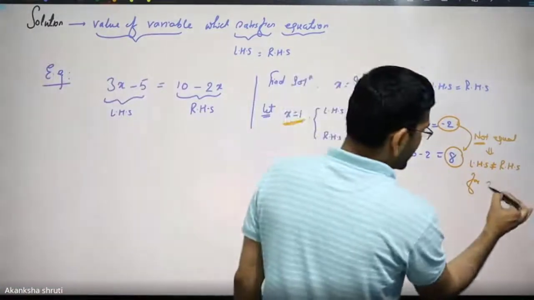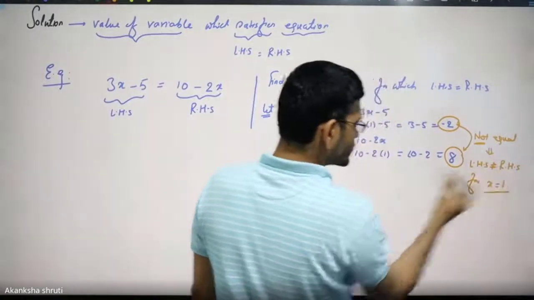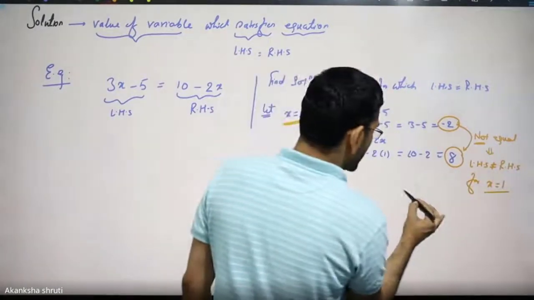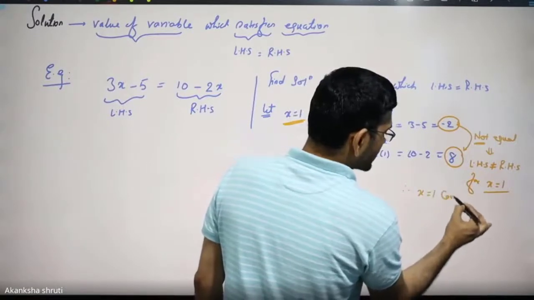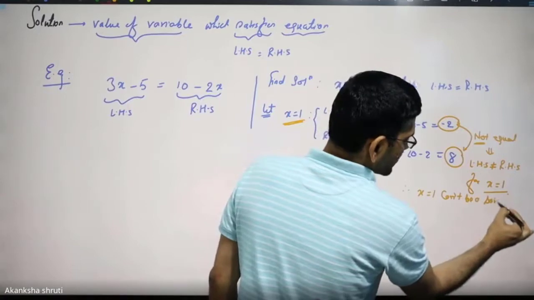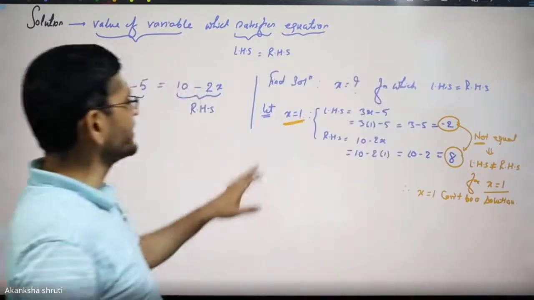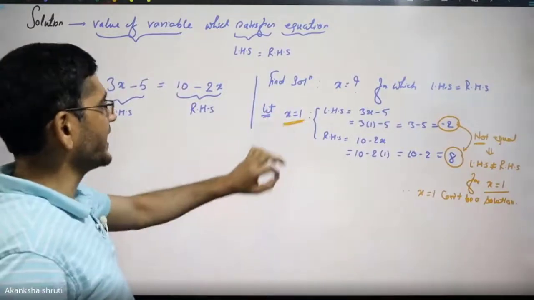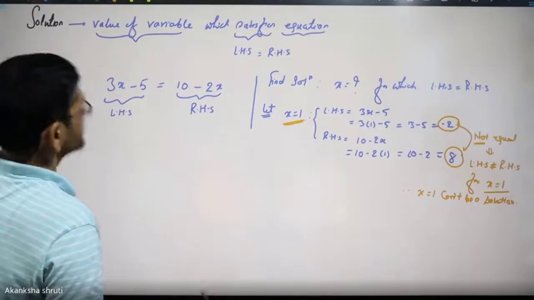So for x equals 1, these two are not equal. Therefore we can say that x equals 1 cannot be a solution.